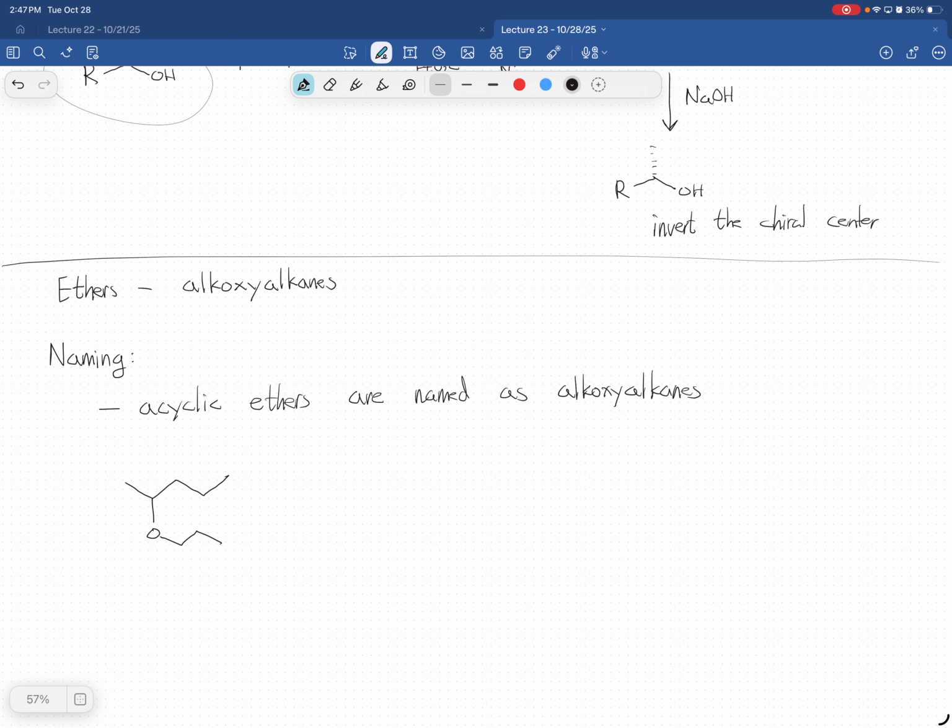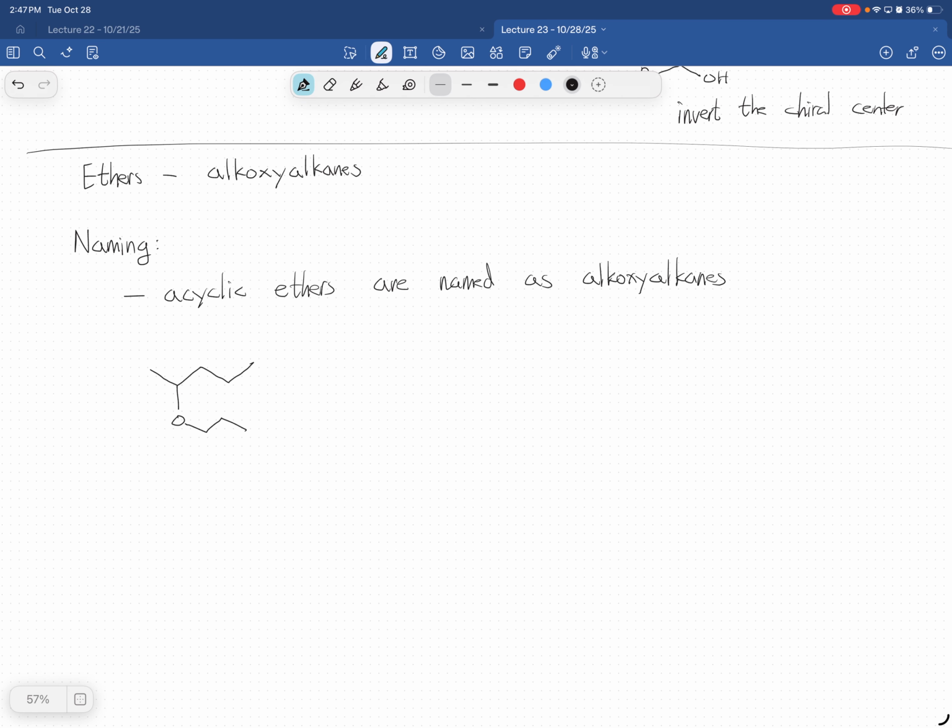So you have to find the longest chain that contains the ether, but the shorter chain is named the substituent. So what's the longest chain here? 5, right? So 1, 2, 3, 4, 5. We also have to number this chain.